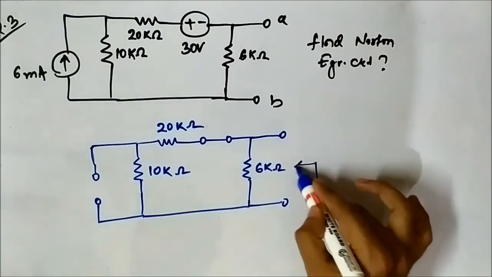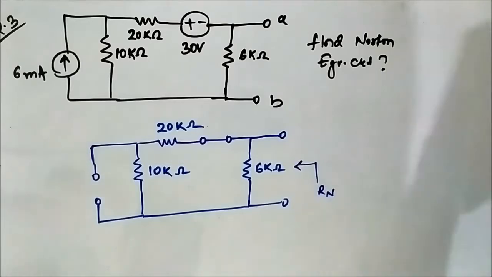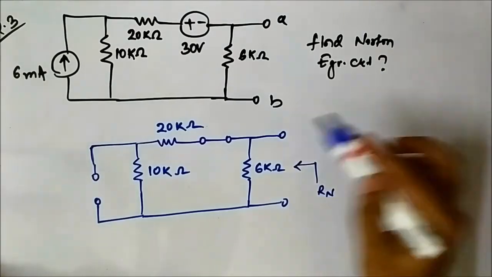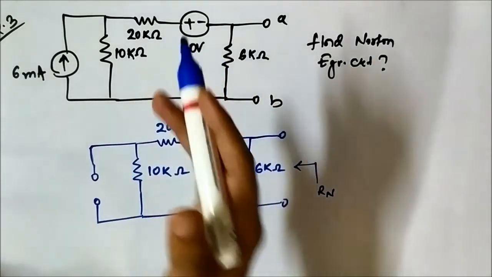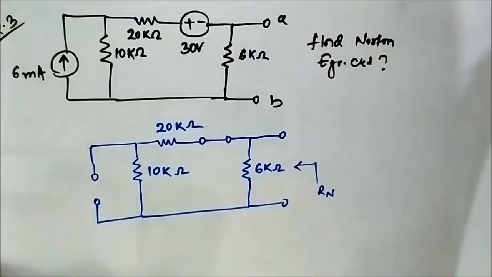So the Norton resistance, equivalent resistance, will be simply 20 and 10 are in series, they will get added up. This series combination is in parallel with 6 kilo ohms.